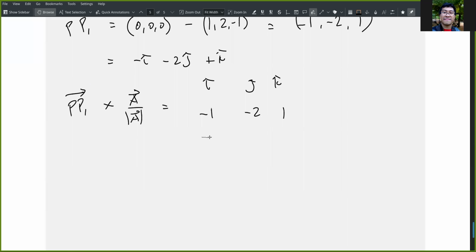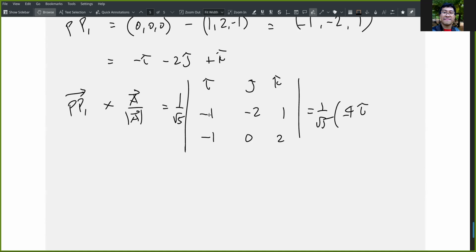For i, you have negative 2 times 2, so this becomes negative 4i.